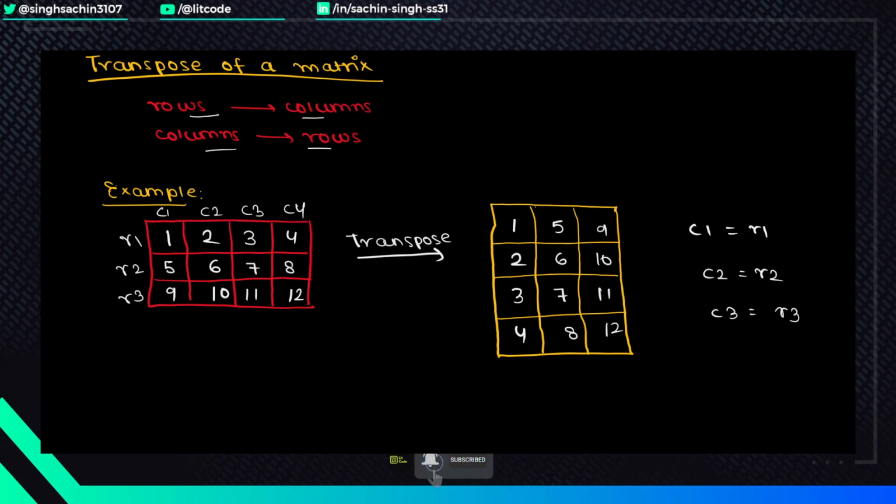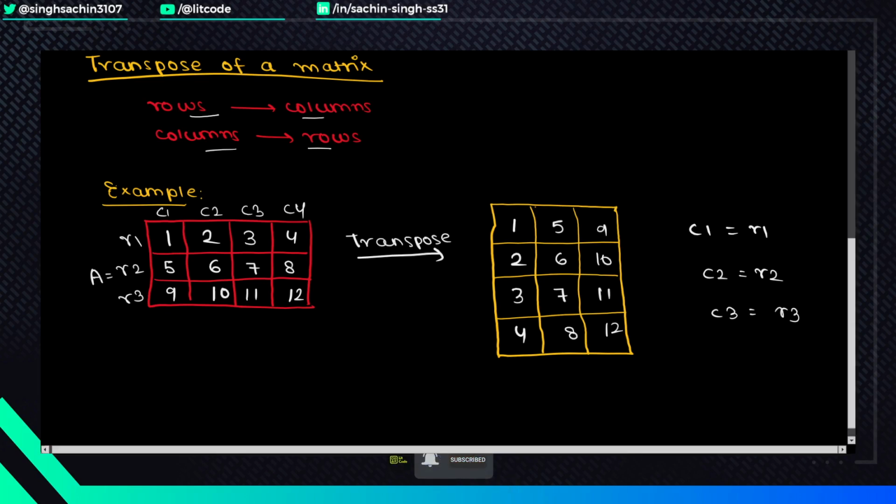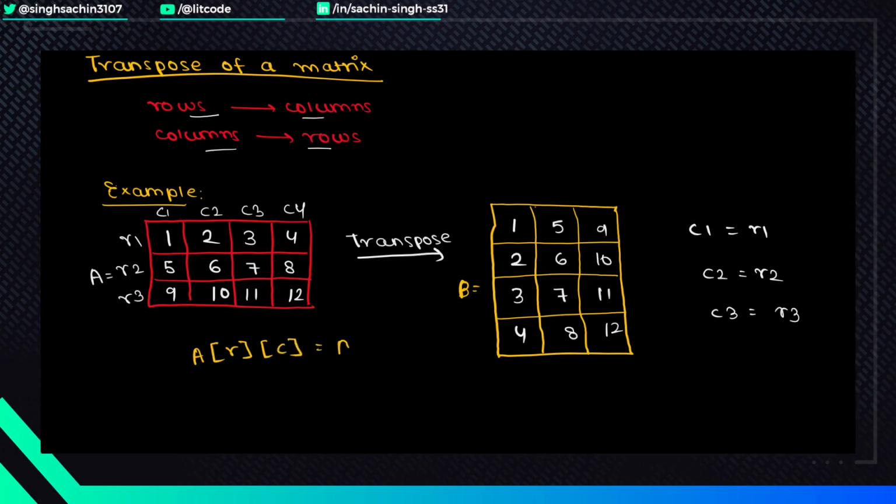Let's assume this was matrix A, and let's take this as matrix B. I'll explain what I'm writing down over here.